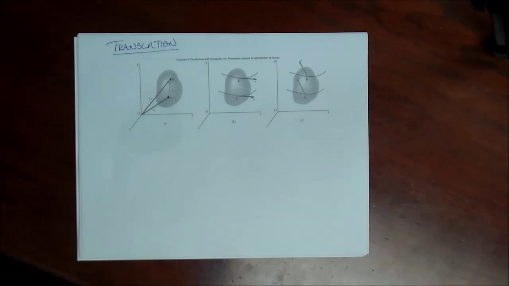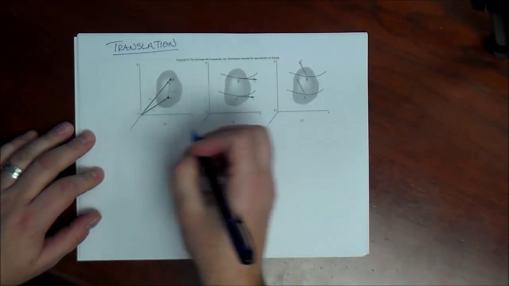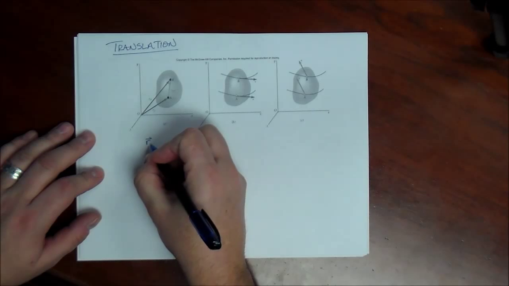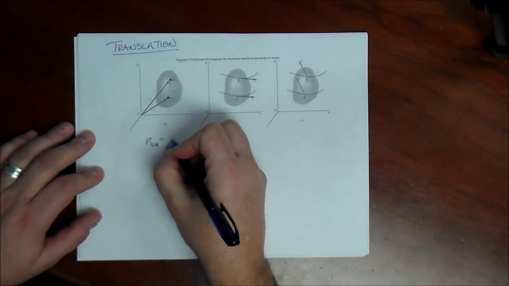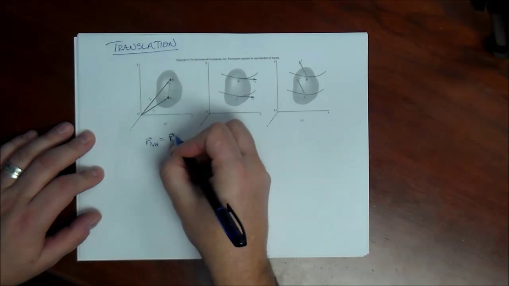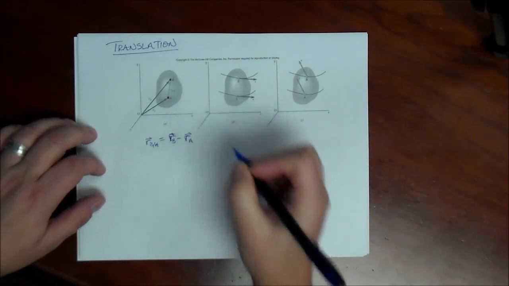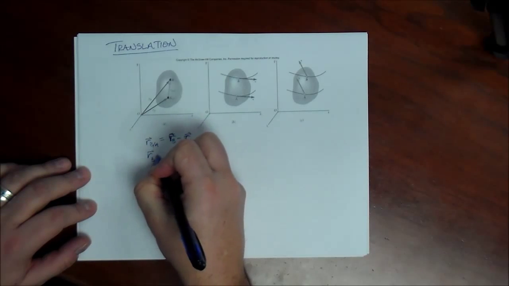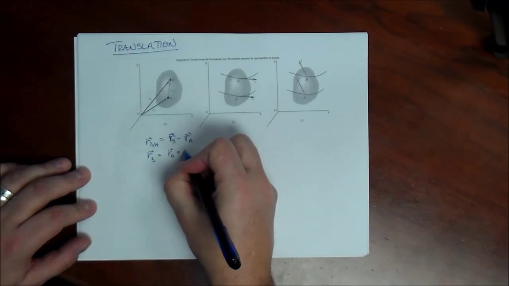We can describe the relative position of these 2 points from our relative position equation we saw before, where the position of B relative to A is equal to the position of B minus the position of A. Or written another way, the position of B equals the position of A plus the relative position.